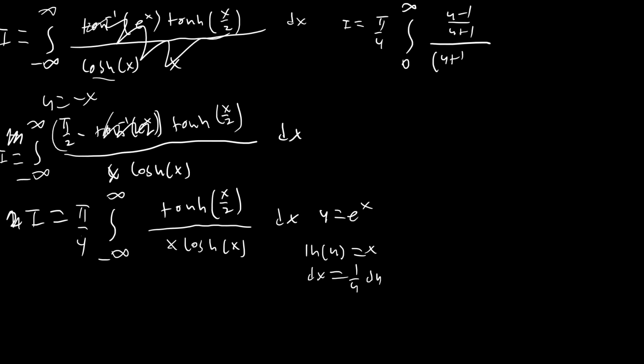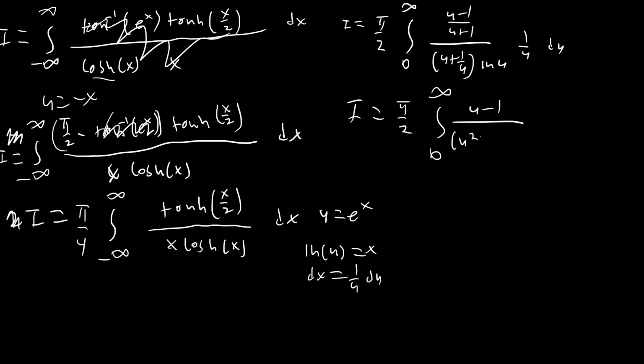We can multiply by 2 because of that cosh, right? So this just becomes pi over 2. And then we're going to have ln u, and then 1 over u du. Interesting. So we have I equals pi over 2, integral from 0 to infinity, u minus 1 over u squared plus 1, u plus 1 ln u du.